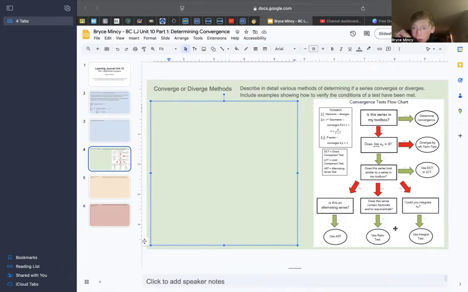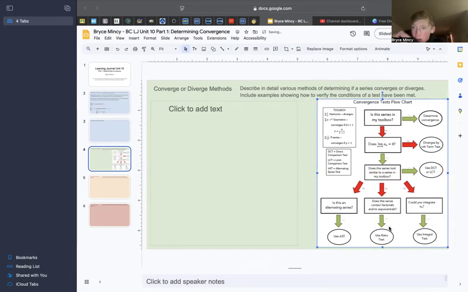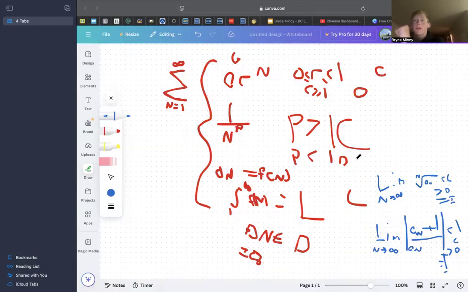And then what you can also do, if it looks similar to a series in your toolbox, you can just use direct comparison, or you can also use limit comparison, which shows that if there's a_n and b_n, you only have to test one of them and you can find out what the other one is, which can be very helpful.